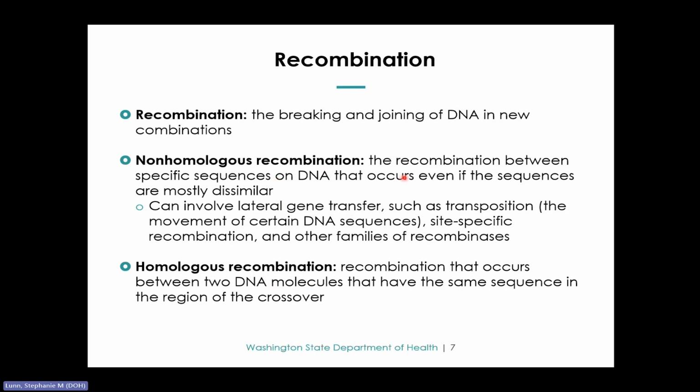Non-homologous recombination is the recombination between specific sequences on DNA that occurs even if the sequences are mostly dissimilar. In other words, the sequences do not have to share homology or be the same identical sequence. This process can involve lateral gene transfer, which can occur between two unrelated cells. It includes transposition, which I'll talk about in a moment, and that is the movement of certain DNA sequences.